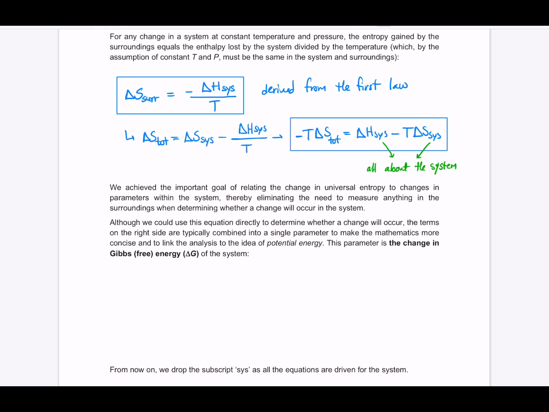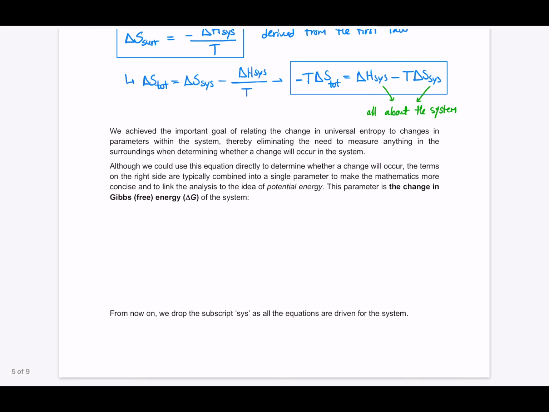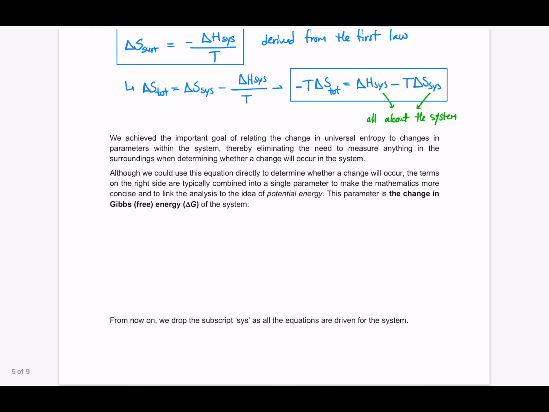One thing that Mr. Gibbs did was define this Gibbs free energy, or delta G for the system, to be equal to, so this is a definition, delta H of system minus T delta S of system.